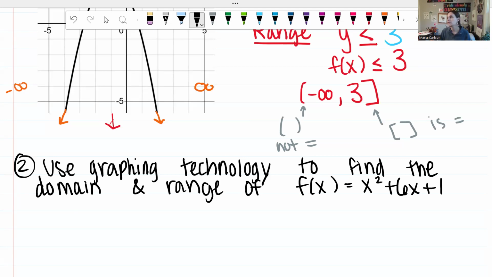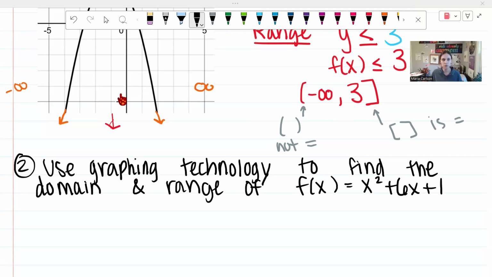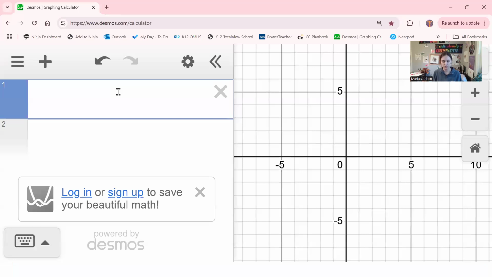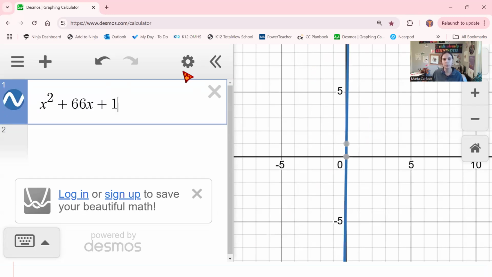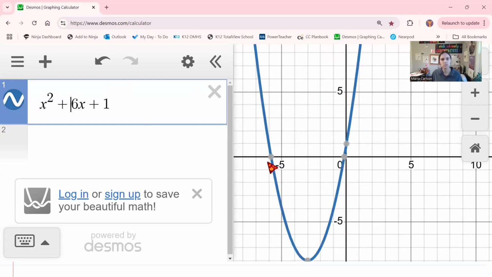So I am going to open up my Desmos and I am going to reshare my screen. There we go. So I'm going to type in our function, and I can honestly just type in x squared plus 6x plus 1.